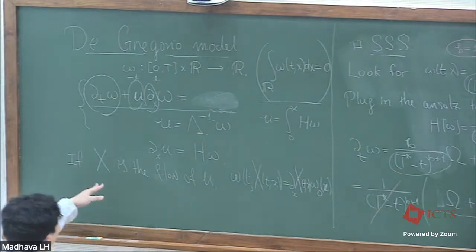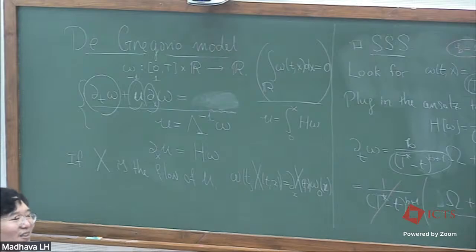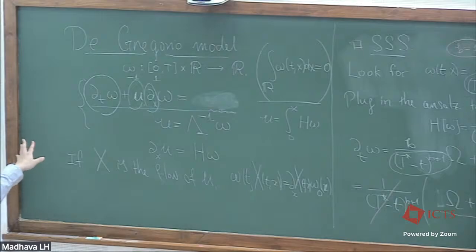But people didn't really study this model so far. There is global existence and uniqueness because omega is finite. I personally think this can be a very interesting equation to study, for instance, the long time limit. I think no one really studied this model.